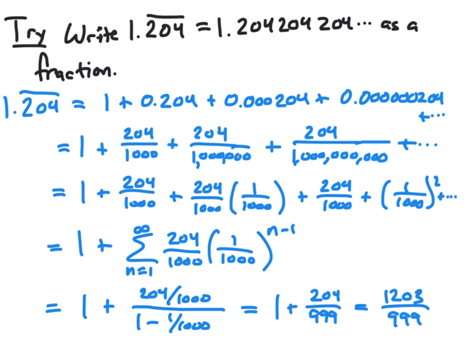And adding the 1 in to get a formal fraction gives us 1,203 over 999. Of course, this reduces to, I believe, 401 over 333, but we did not need to give a reduced fraction here, just a fraction. And either 1,203 over 999 or 401 over 333 will do.